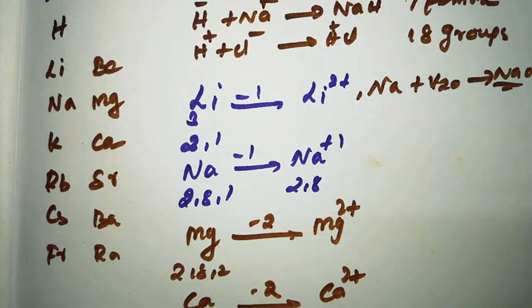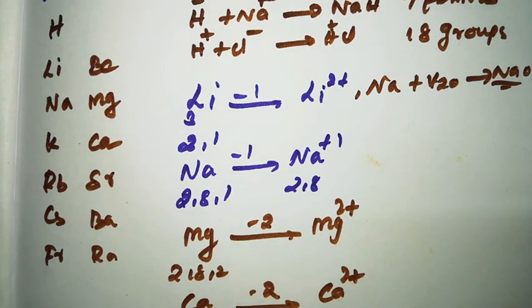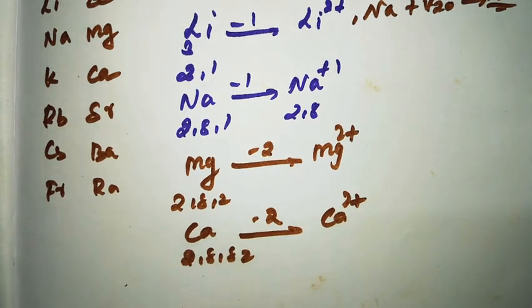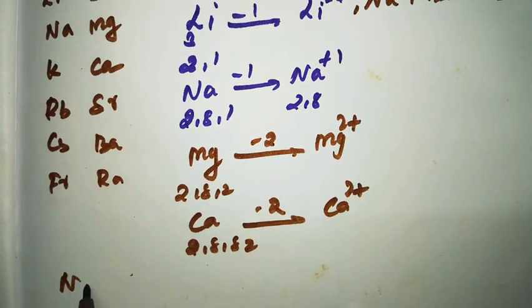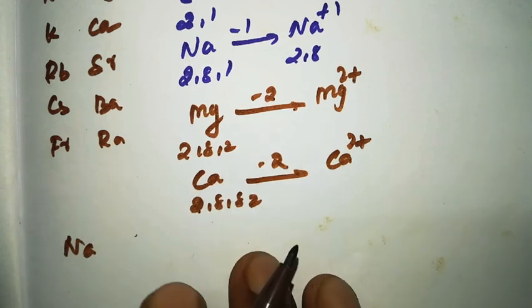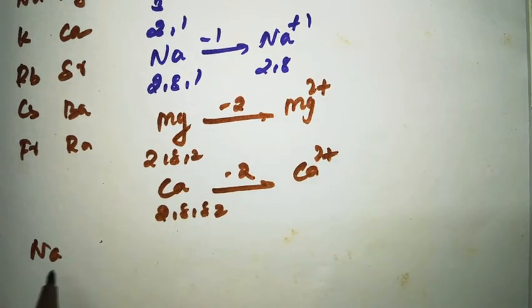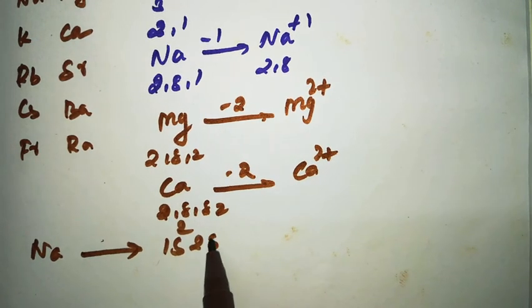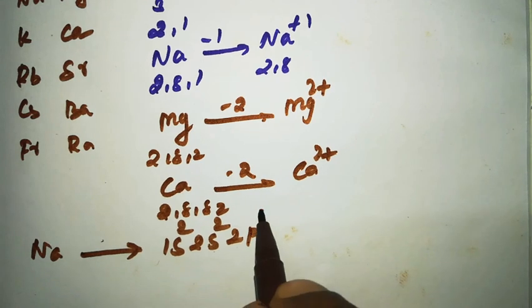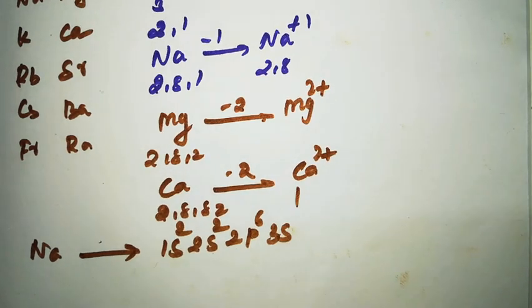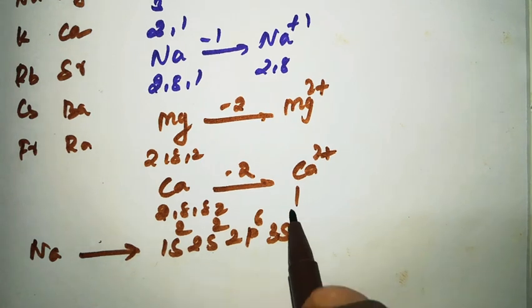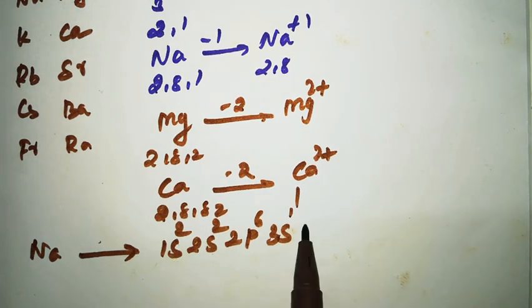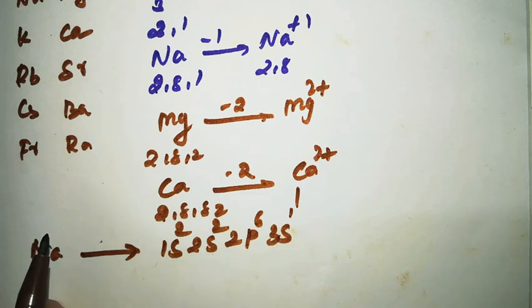Now the electronic configuration. For example, sodium's atomic number is 11, so the electronic configuration is 1s2, 2s2, 2p6, 3s1. Totally 11 electrons are present in the various orbitals, which is the atomic number of sodium.